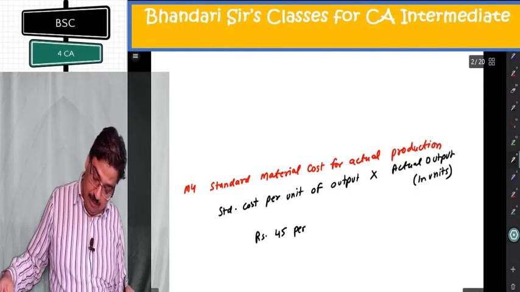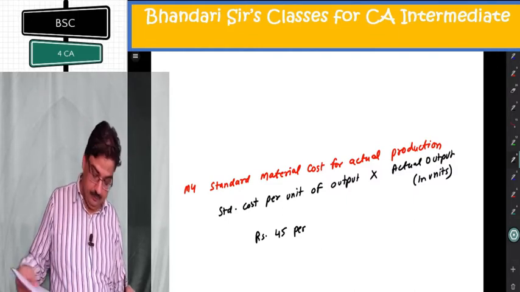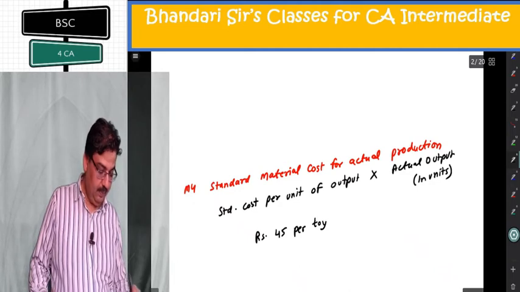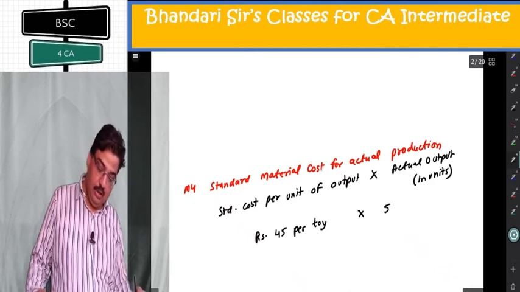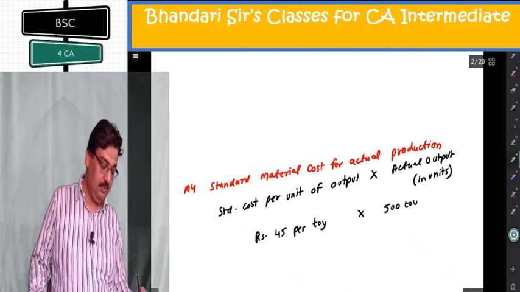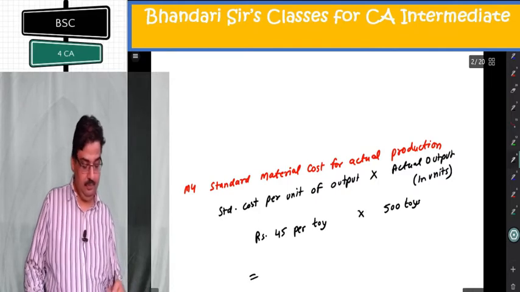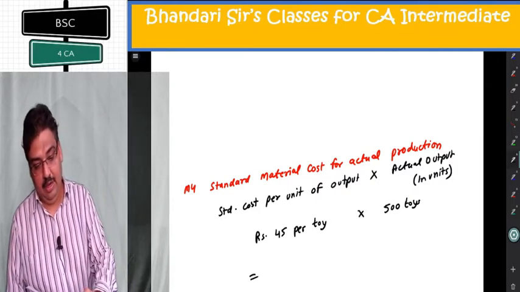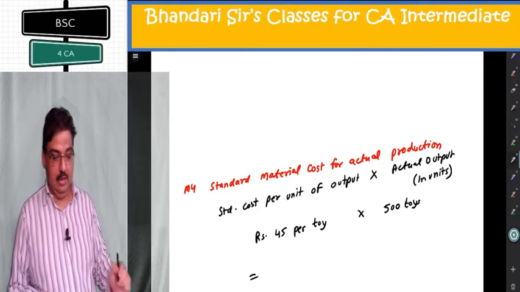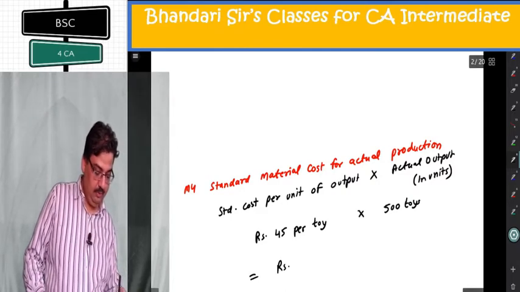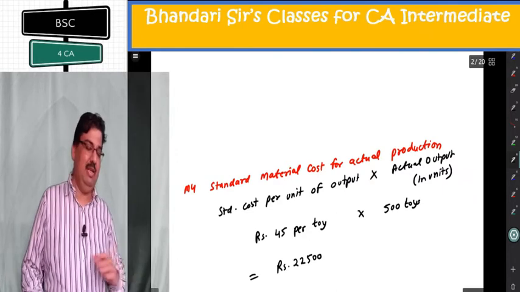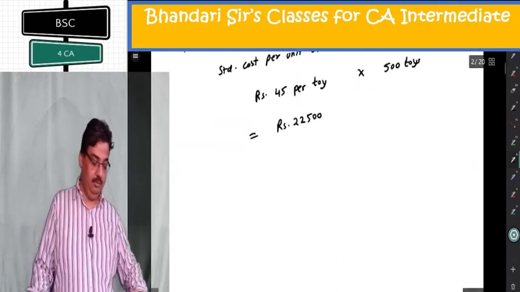I can call it per toy, multiplied by, actually they have made 500 toys. So 45 into 500 is 22,500. The very simple starting question here.